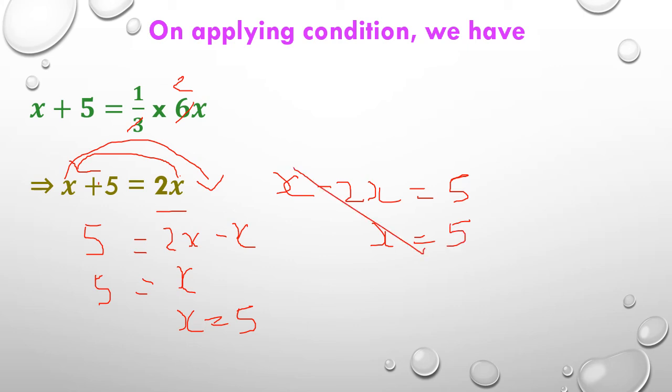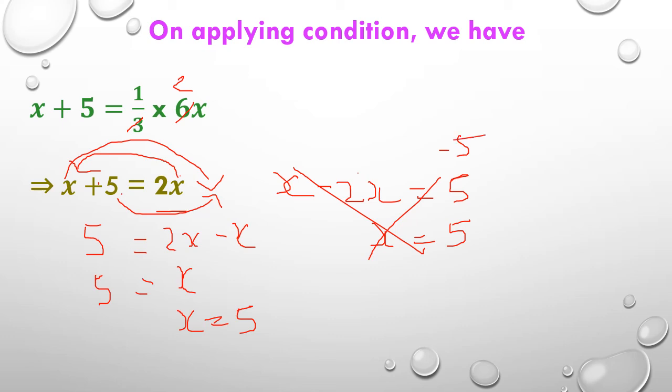Many of the students do all these things. So be careful. If you are transposing this 2x to the left side, then I did minus 2x. This much you remember. But then you forget that you are transposing this 5 to the RHS. Then it will become minus 5.